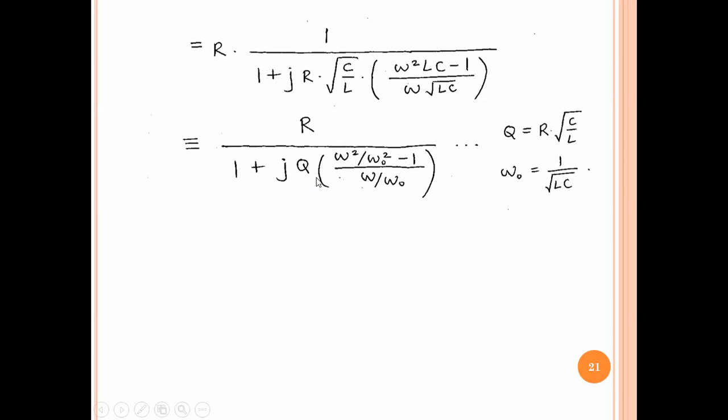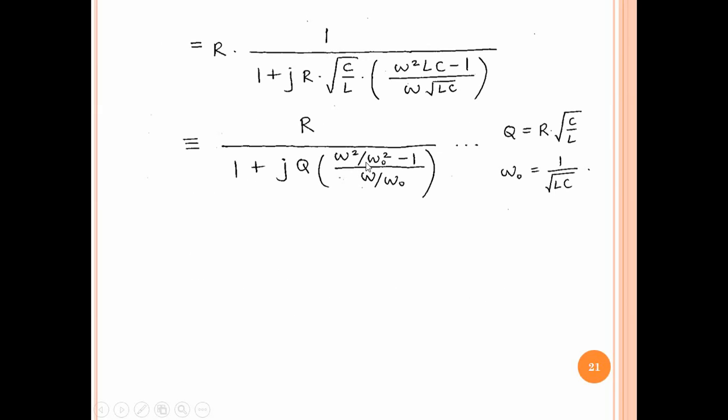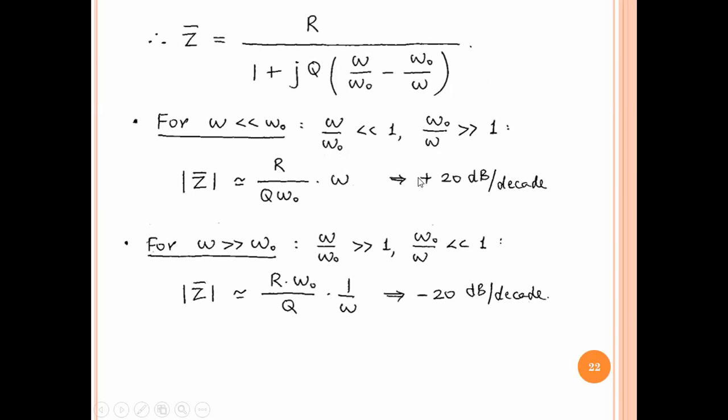We'll come to this in a minute. This can be written once more, as omega by omega naught minus omega naught by omega. So this is the Z of our parallel RLC circuit.